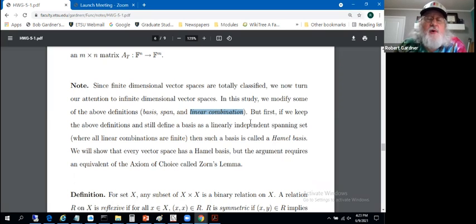If, though, we stay the course and insist on the same kind of definitions you have in sophomore linear algebra, the big one being that when we say linear combination, we mean finite linear combination, such a basis, what we simply called basis in the past, is called a Hamel basis. We're going to show every vector space has a Hamel basis, something you didn't address in sophomore linear algebra.